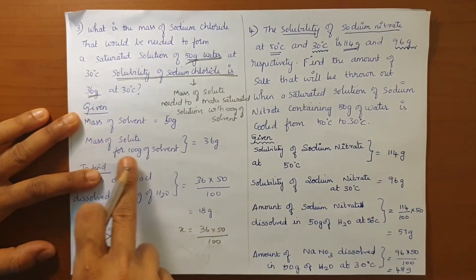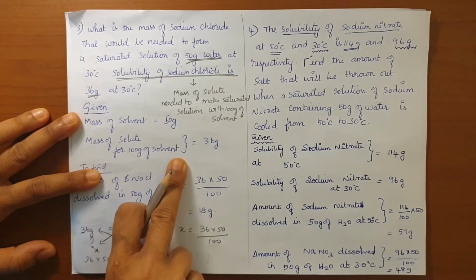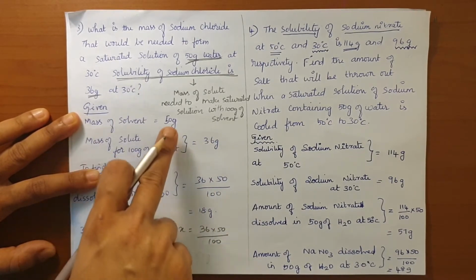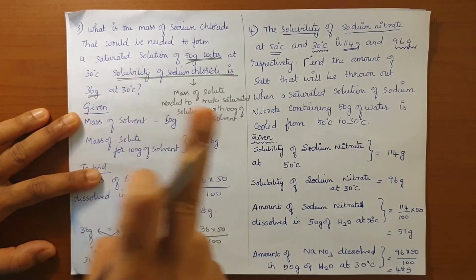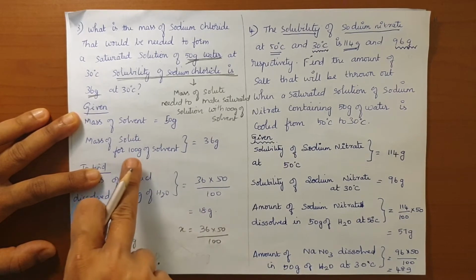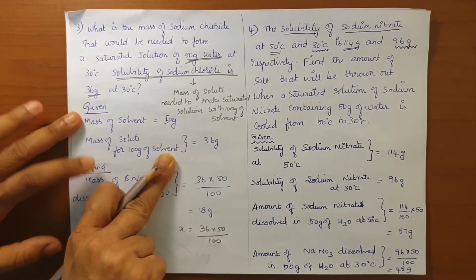The mass of the solute for 100 grams of solvent will be 36 grams. We need to find the mass of solute for 50 grams. What we have is the mass of solute for 100 grams of solvent.